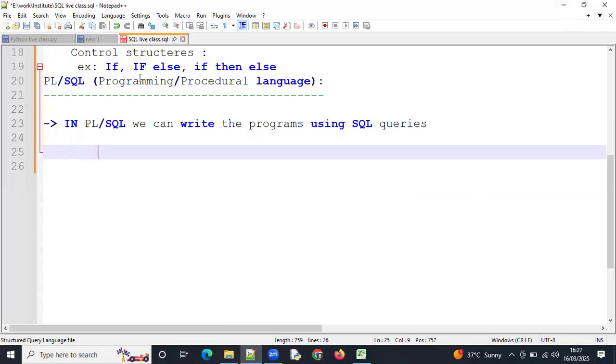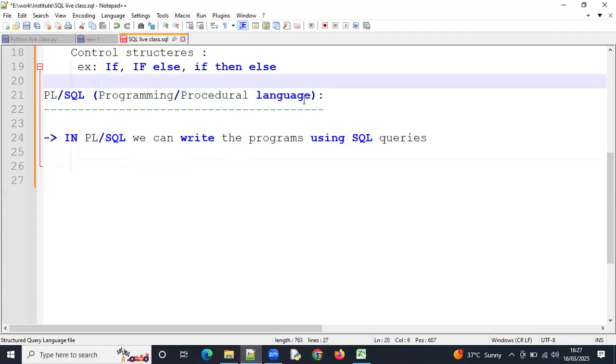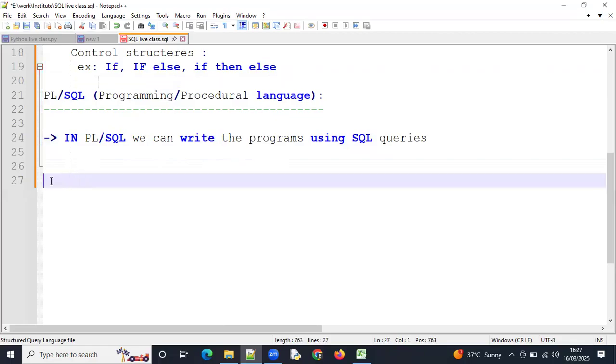Here we have mentioned that it is a programming or procedural language, right? So, what is a procedural language?